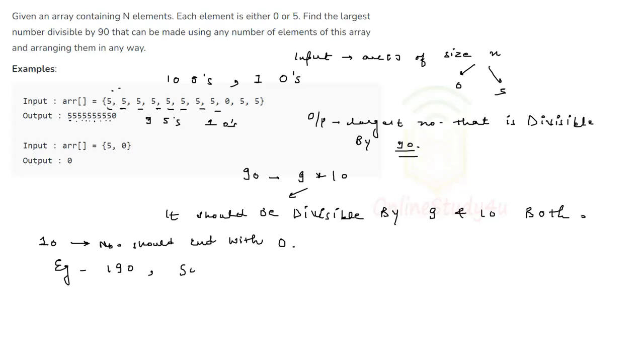When I say 50, when I say 90, these numbers are all directly divisible by 10 because they contain 0 at their end. They are ending with 0.